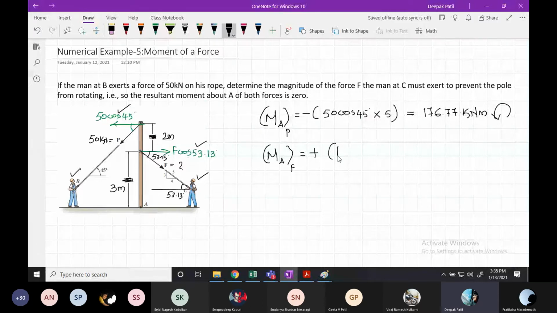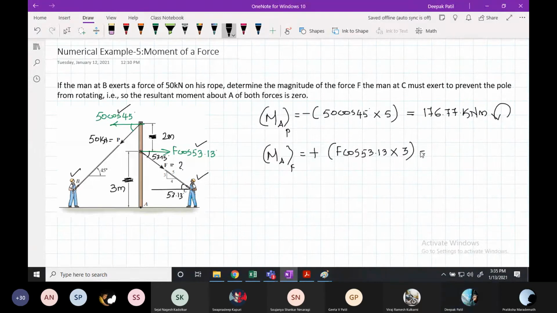So F cos 53.13 multiplied by this perpendicular distance, which is 3. Let me calculate that: cos 53.13 into 3 comes out to be 1.8 F. I know that this is causing a clockwise movement.